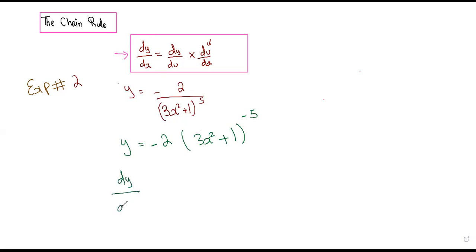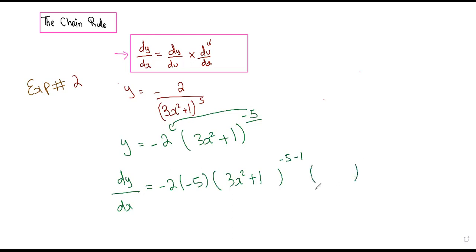dy by dx is basically minus 2 is going to come directly. I am not going to do anything with minus 2. This is the old power that would be multiplied here, so it is going to be minus 5. 3x square plus 1 to the power minus 5 minus 1, and then the new thing is that I need to write down the derivative of this factor. That is going to be 3 into 2, right?